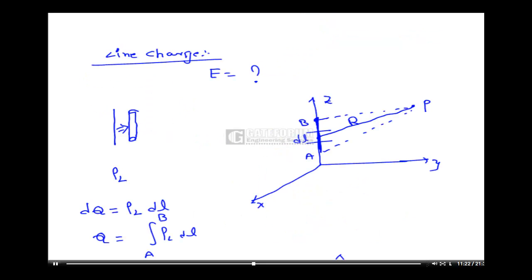So this source point is x is 0, y is 0, z is some z dash from origin 0 0 0. And this field point is x y z, because this is any general point.